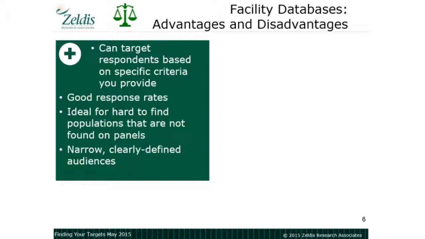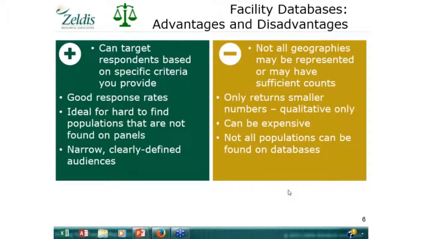Again, similar to panels, people on facility databases have a relationship with the facility, so they tend to be more likely to respond and agree to participate in the research. Most of what we do at Zeldis is domestic, so I am pulling on experience that is more domestic than international, but I don't see any reason why these wouldn't apply to international respondents as well.